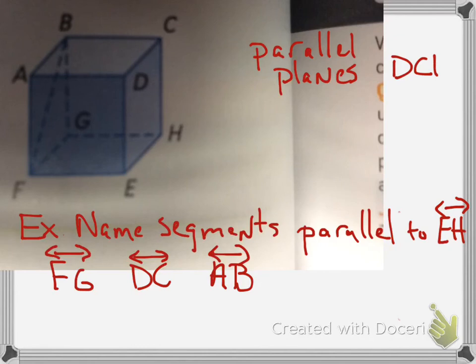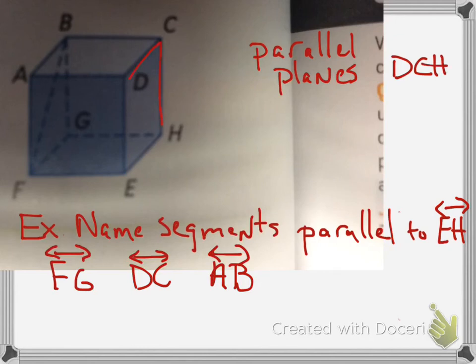But you kind of see that idea. So those would be some examples of segments that are parallel. Now, let's add in here, what about parallel planes? What if I wanted to put, and I'll just put this here and you can just add it under, parallel planes to, say, DCH.